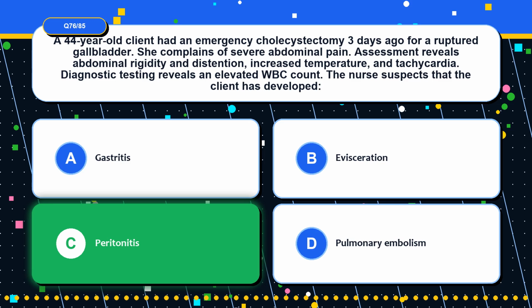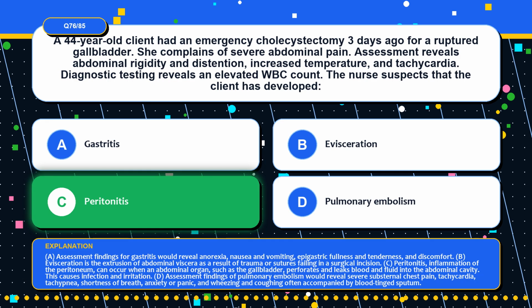The correct answer is option C, peritonitis. A. Assessment findings for gastritis would reveal anorexia, nausea and vomiting, epigastric fullness and tenderness, and discomfort. B. Evisceration is the extrusion of abdominal viscera as a result of trauma or sutures failing in a surgical incision.